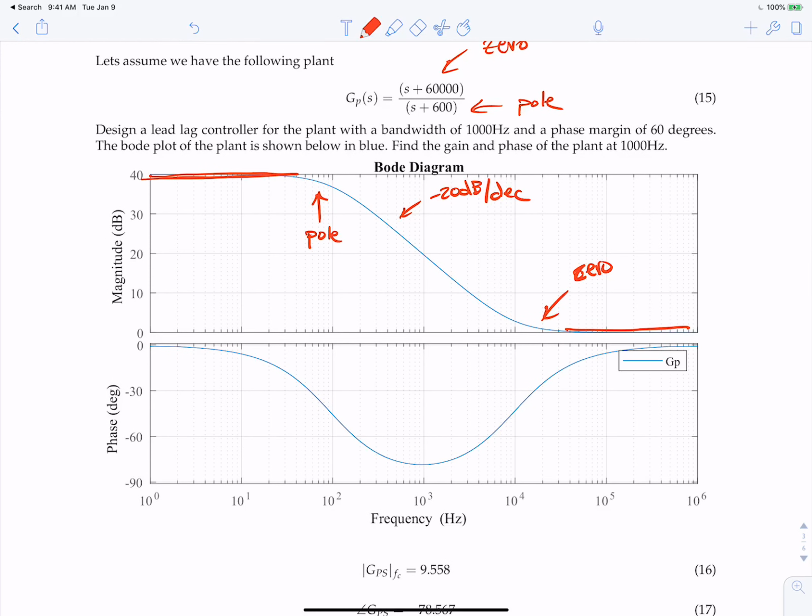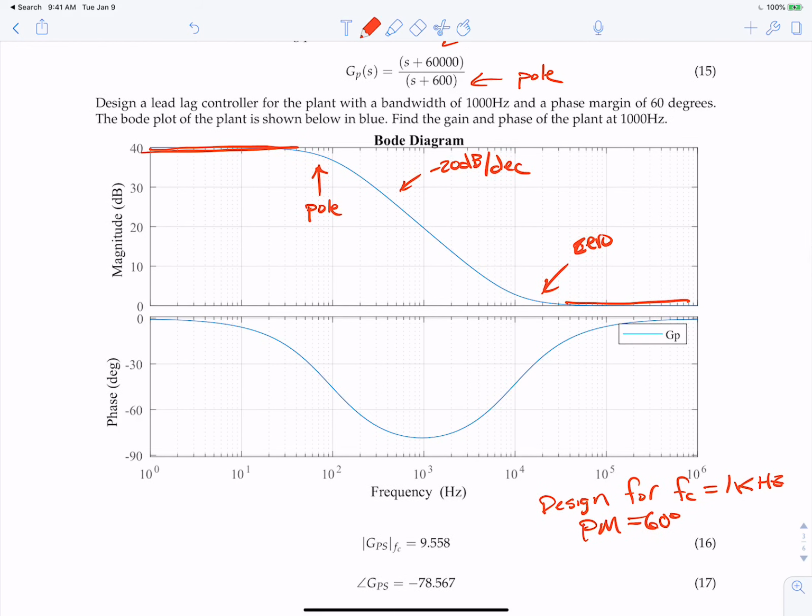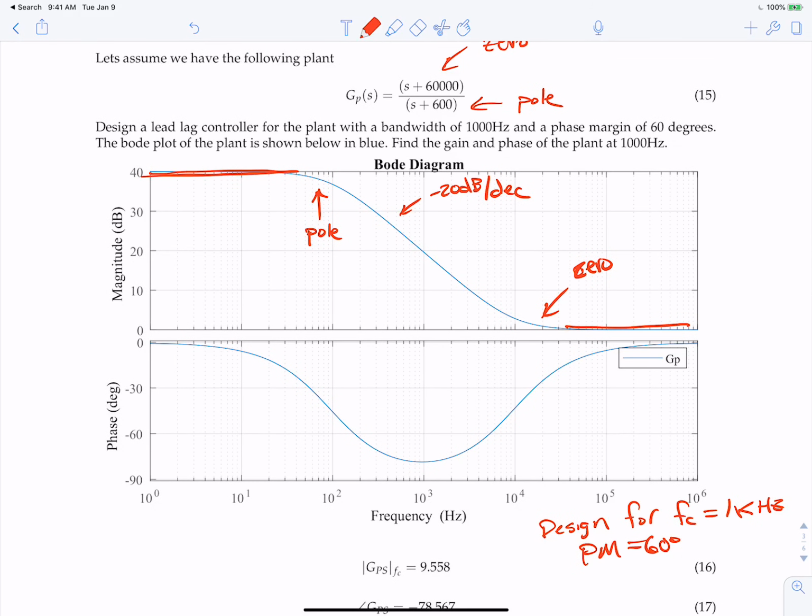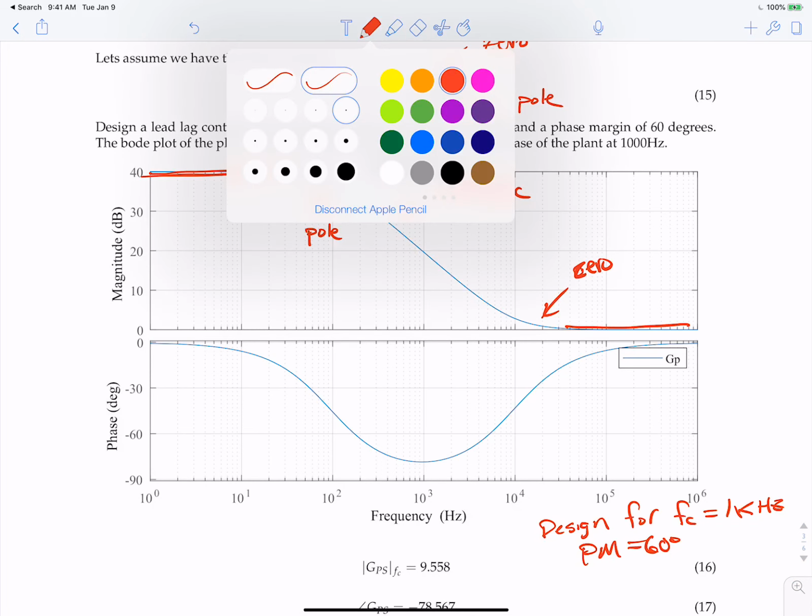And the same goes with the phase here. Okay, what I'd like to do is design a controller for a crossover of 1 kilohertz and a phase margin of 60 degrees. So this is our plant transfer function. What you want to do is calculate the gain and phase of the plant at those frequencies first.